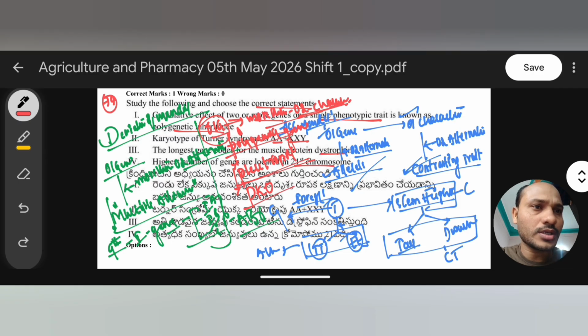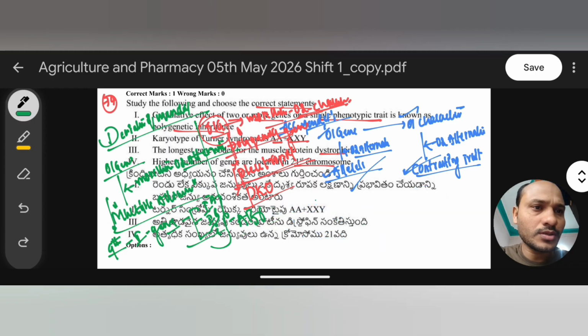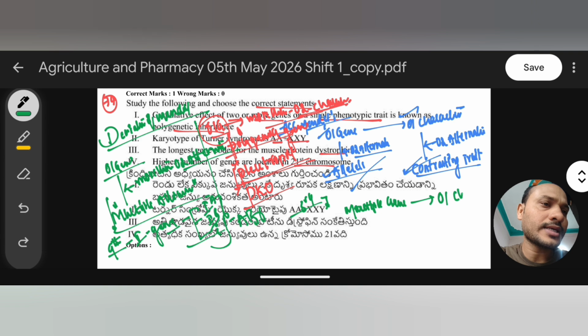Now coming to the third deviation, which I am writing. Generally we know that one gene expresses one character, and one character is expressed by one gene, as per Mendel.